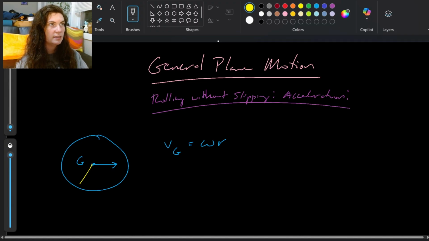This disk has some radius r, and it's also undergoing some angular velocity, probably the other way.